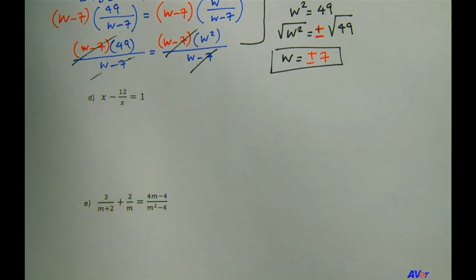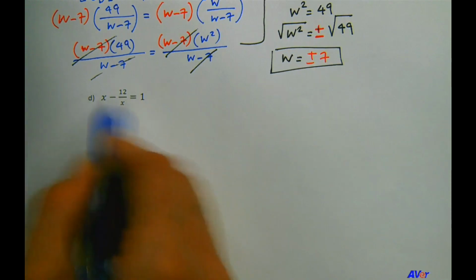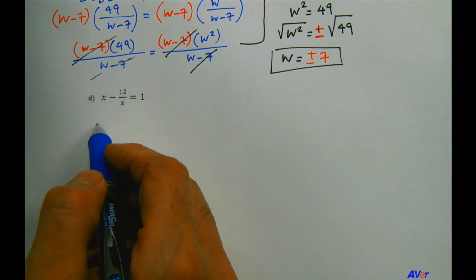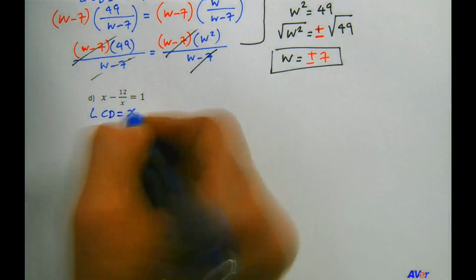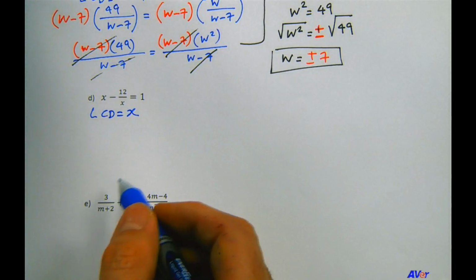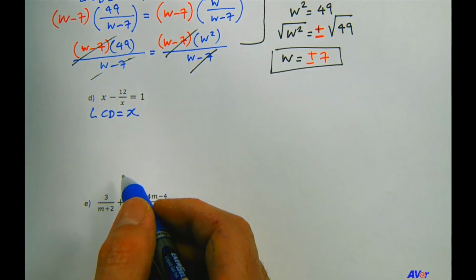Next one. What is the LCD here? What term would clear the only fraction in this expression? X, right? LCD is X. This is one of the problems we solved earlier for the LCD. Remember that on the first page?